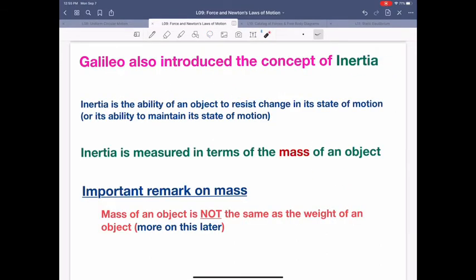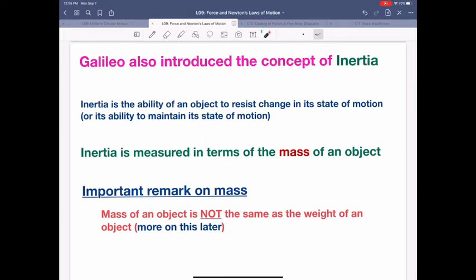Well, Galileo also introduced the concept of inertia. Now, what is inertia? Inertia is the ability of an object to resist change in its state of motion. For example, if you have a ball and a truck, both traveling at the same speed, you could stop the ball, or another way to say that is you can change the state of motion of the ball.